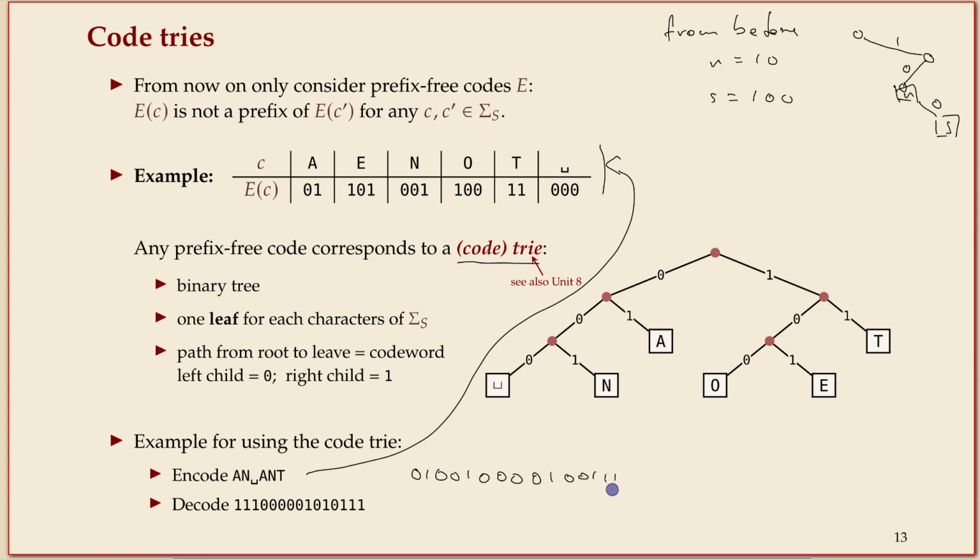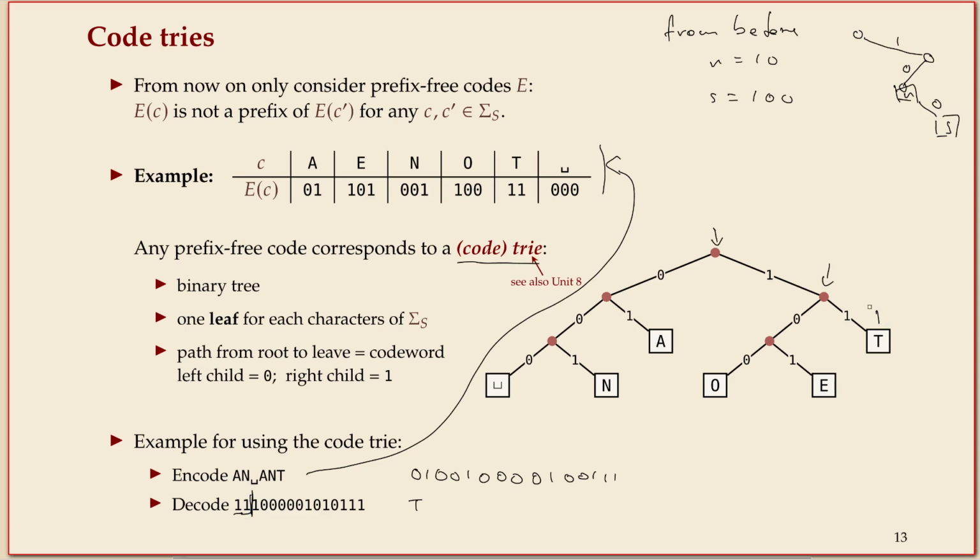But if I want to decode, I don't want to search that table. That's inconvenient. Instead, I use the trie. So we start at the root at the beginning, and then we follow the steps. We read the first 1, then we're here. We read another 1, which brings us down there, and we have a T.